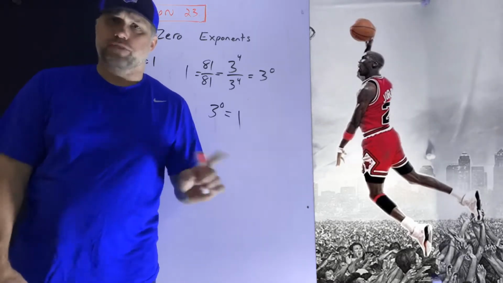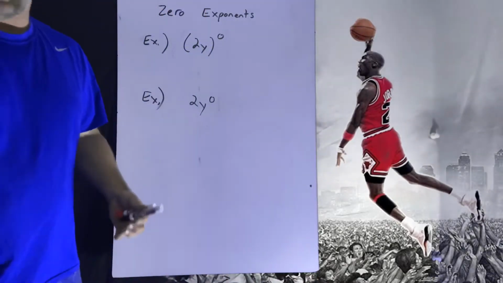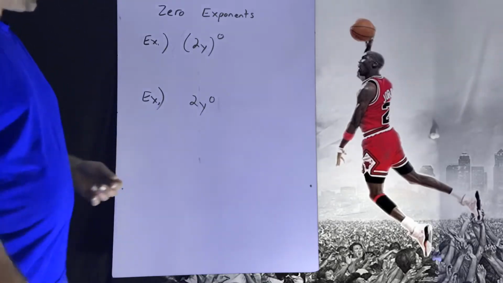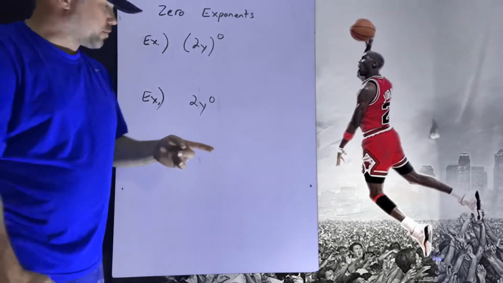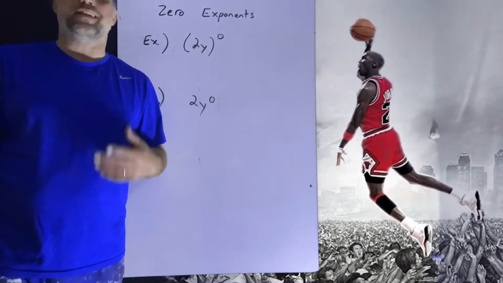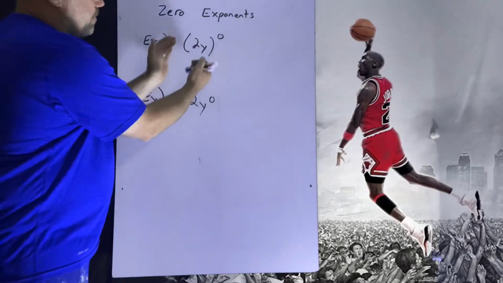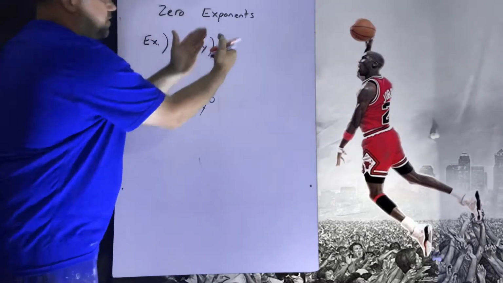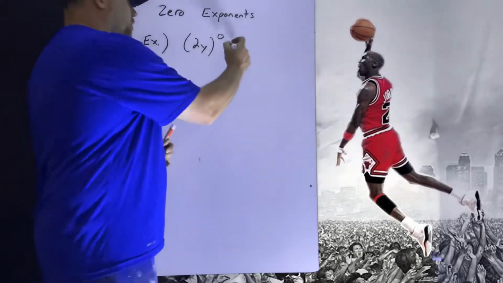Now there's a couple of tricky things that can happen with zero exponents that I'm going to show you. You see I have 2 examples here. I have (2y) to the 0 power, but I also have 2y to the 0 down here, but one has parentheses and the other does not. So you just have to watch out for this. If it's in parentheses like this, that means everything in here is being raised to the 0 power. So it's going to follow our rule that anything to the 0 power is 1.